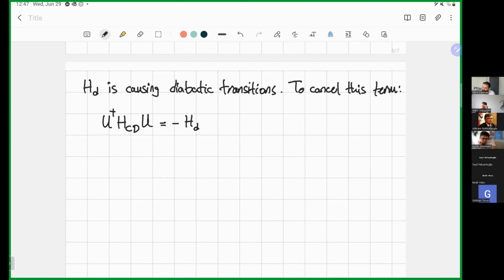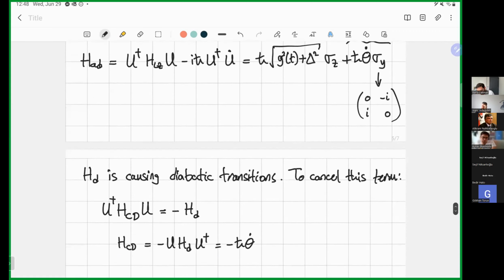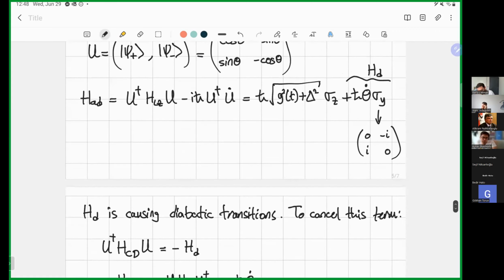If you do the calculations, H_CD is going to be minus U H_D U dagger, right? We know what H_D is: h bar theta dot sigma y.